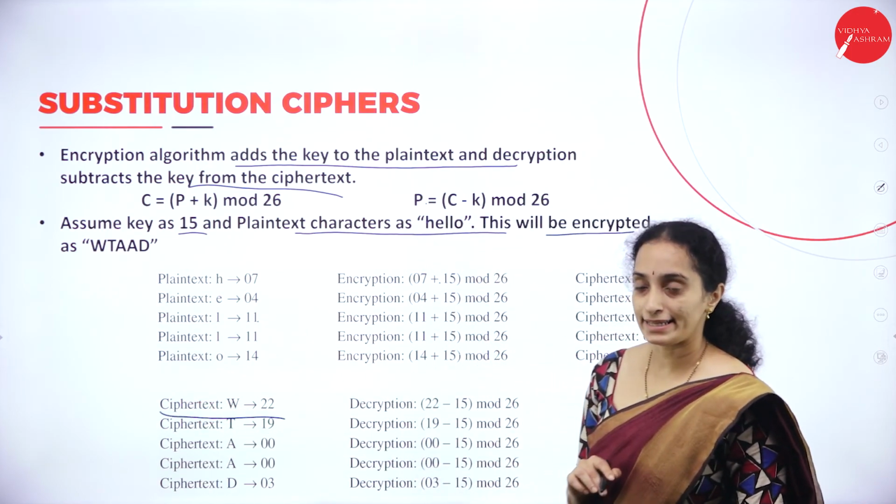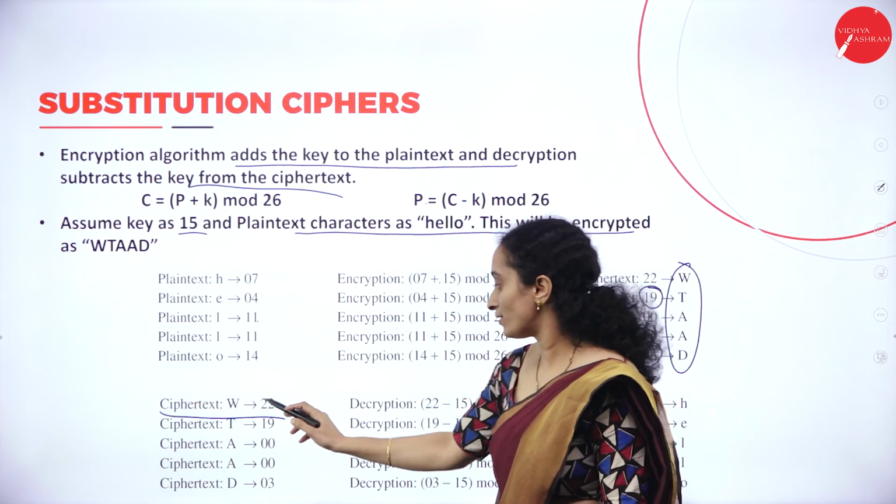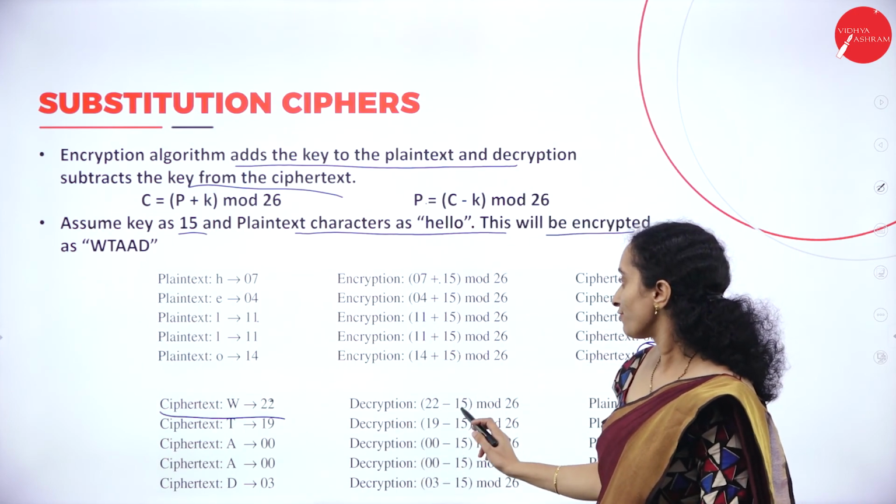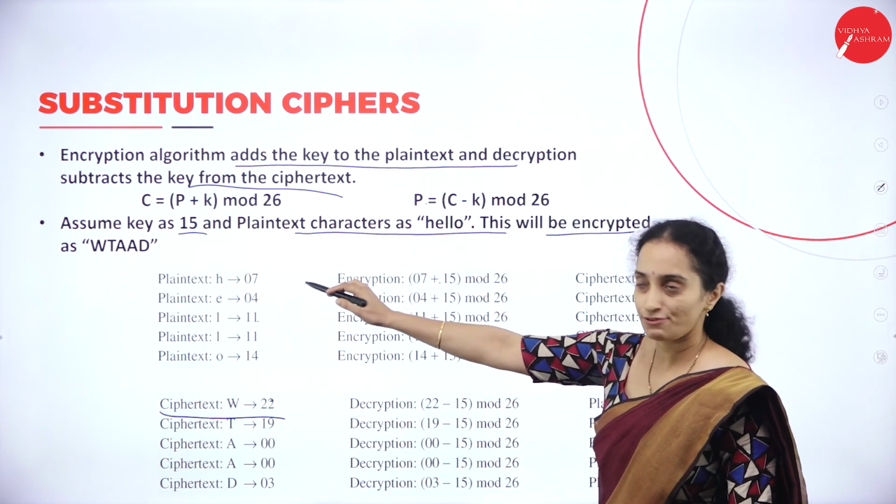This is the decryption. Now I take 22 minus 15, since the key is 15.